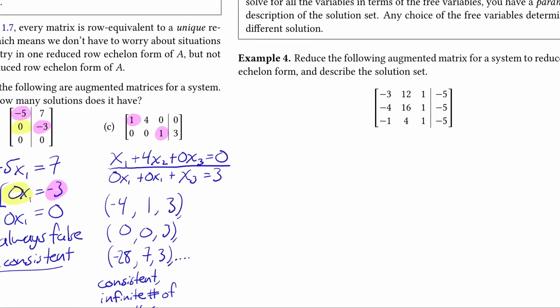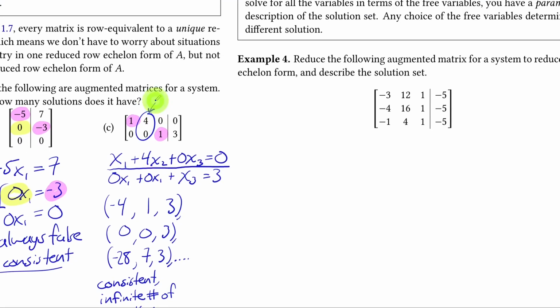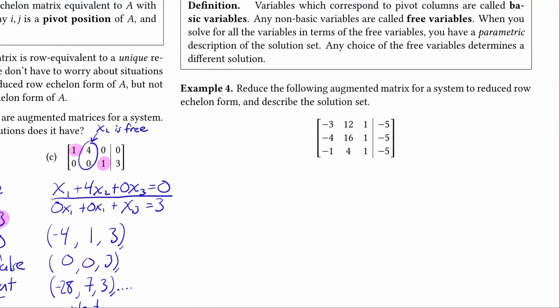So for example, in part C here, there's a variable x2 here that does not have a pivot in that column. So we say x2 is free. Now, when you solve for all of the variables in terms of the free variables, you have what's called a parametric description of the solution set.